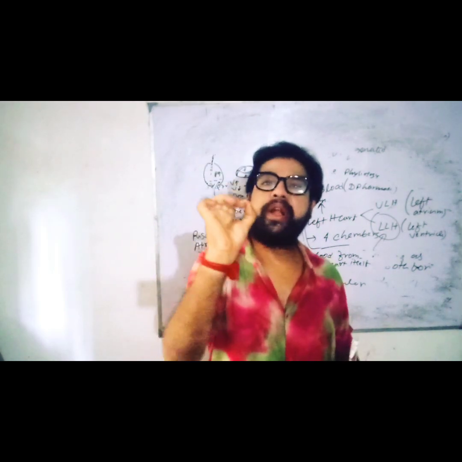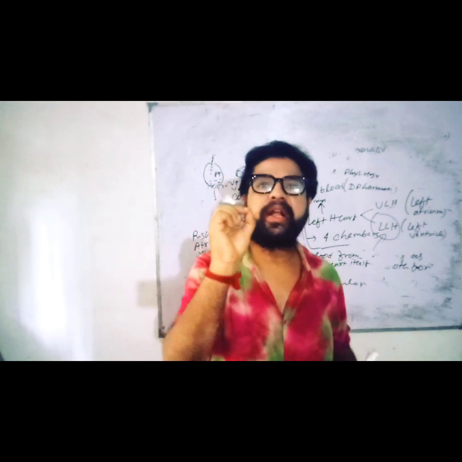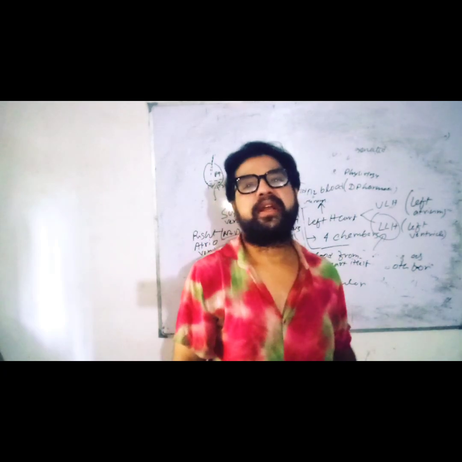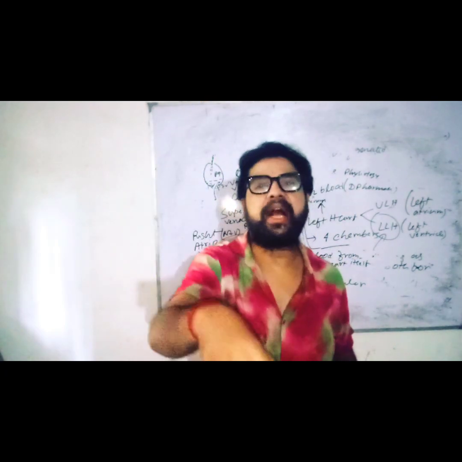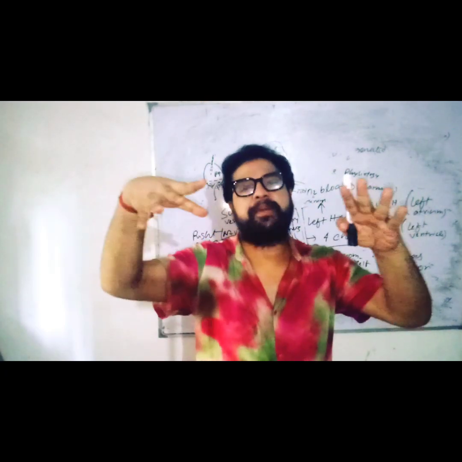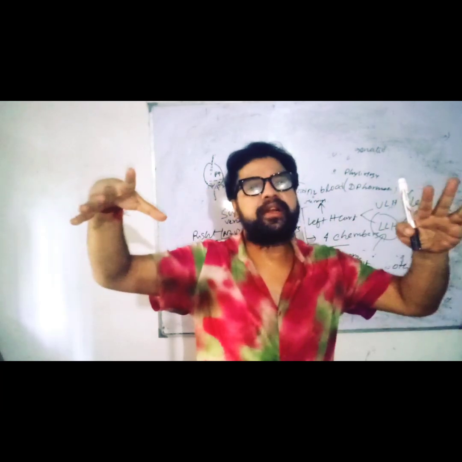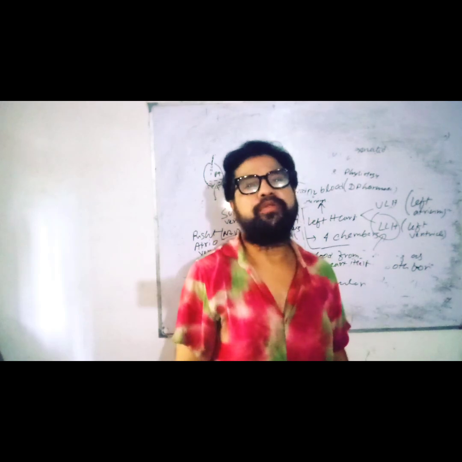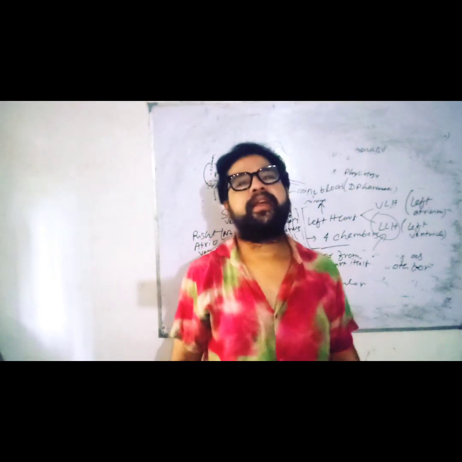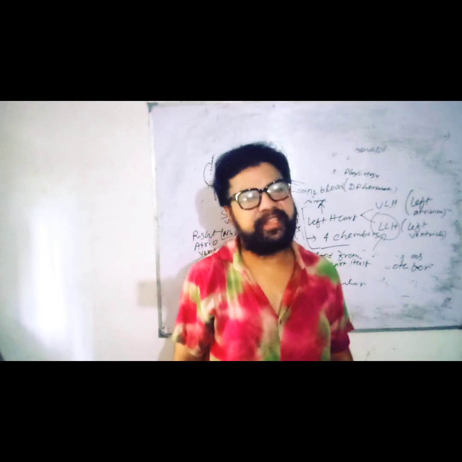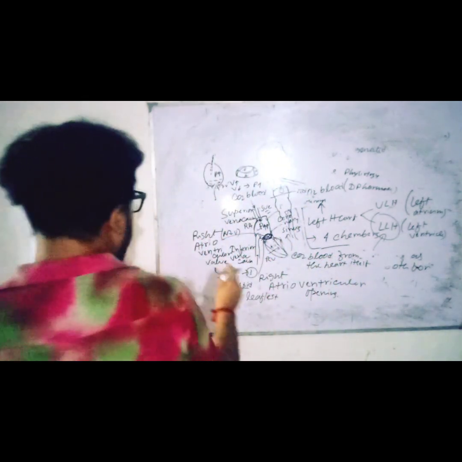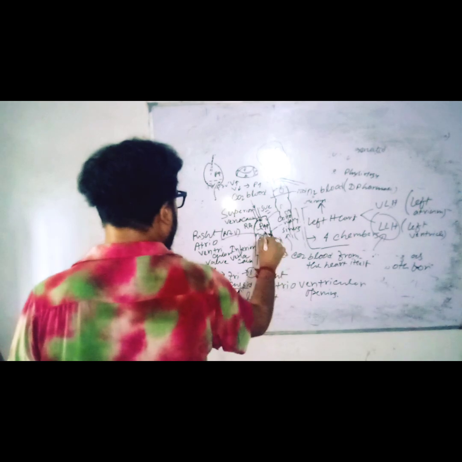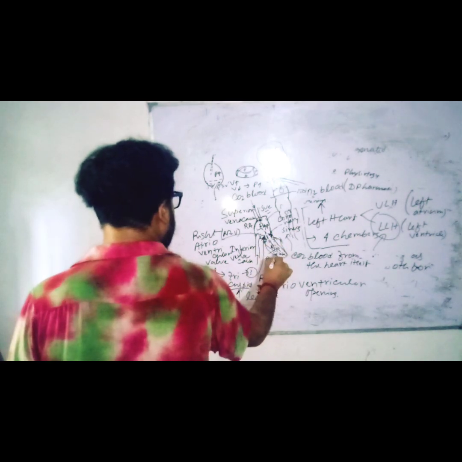Upon rising to a critical value, they will give a huge pressure upon the tricuspid valve, and the leaflets will be separated. That means the tricuspid valve will be open, and the blood will be coming down with a greater velocity initially into the ventricle.